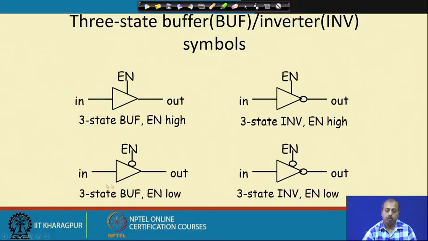If the enable line is low, then output gets the value of input. Similarly, I can have an inverter where the enable line is low: when enable equals 0, only then does this circuit act as an inverter. So, we can have various combinations of this buffer.